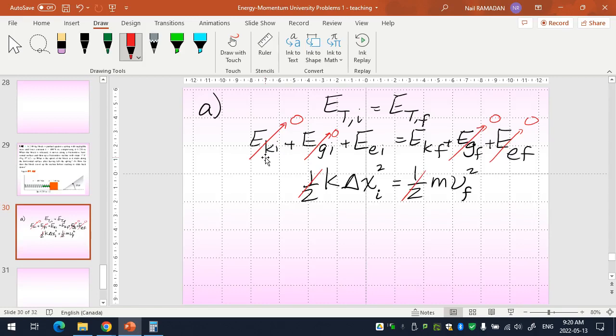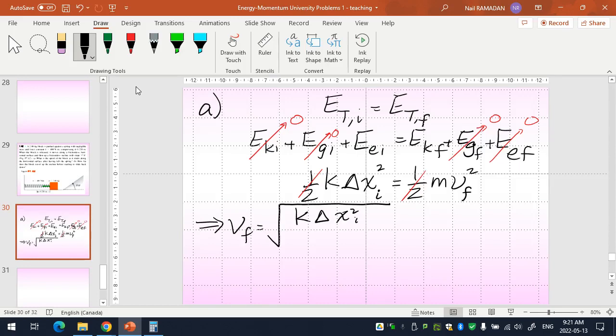V equals root, so K delta X squared over M. Yep. So everyone, one shot: Vf equals square root of K delta X squared over M. Done.